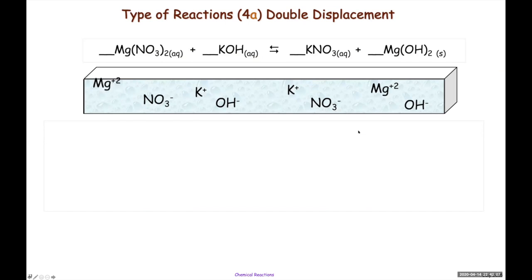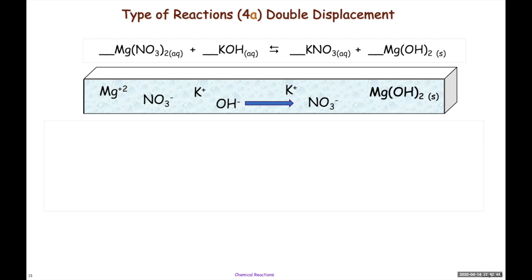So when you put this in water, this is what happens. Magnesium will go into solution, nitrates will go into solution, potassium will go into solution, hydroxide will go into solution. So that's your reactant. And then in the reaction, the potassium will go into the product, the nitrate will go into the product, but they're still aqueous, so they stay as ions. The next pair is magnesium and hydroxide, but these guys want to form a precipitate.